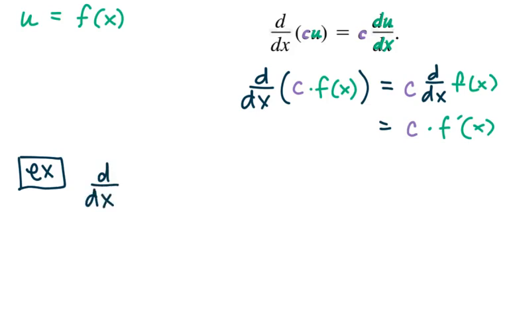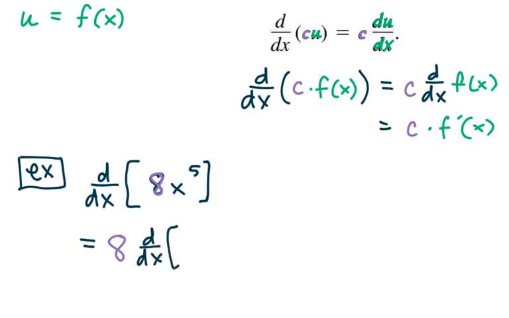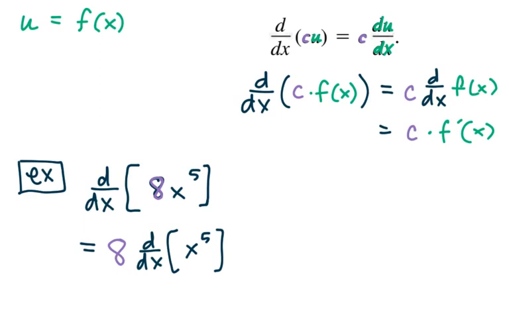So we're going to take the derivative with respect to x of 8x to the 5th. So 8 is a constant. It's a constant multiple. That is the same as writing 8 times d dx of x to the 5th.